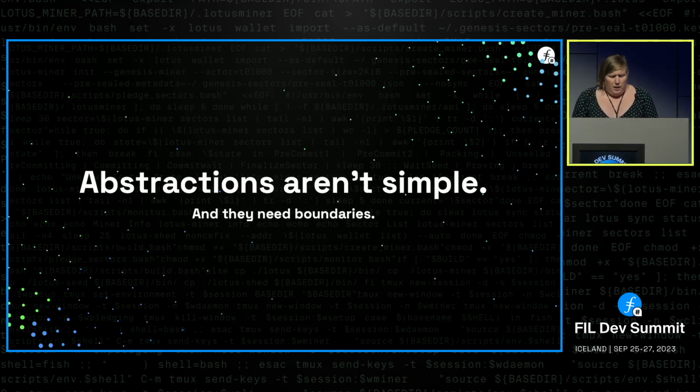I just want to take a brief digression and mention one thing about Lassie. Lassie is a really awesome abstraction over all of the complexity of retrieving on content address networks. And if you dig into the code, it is not always simple or easy to read.